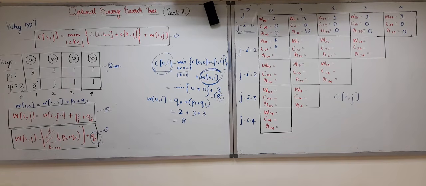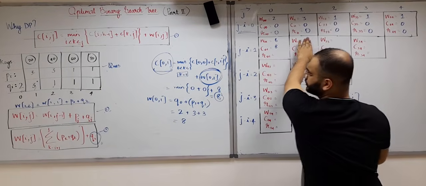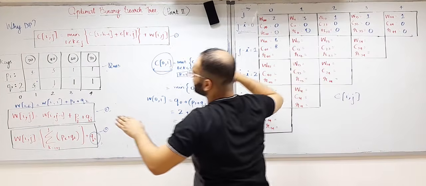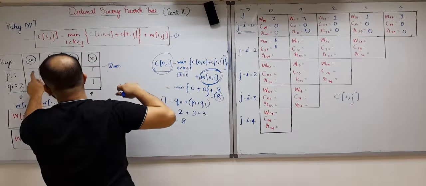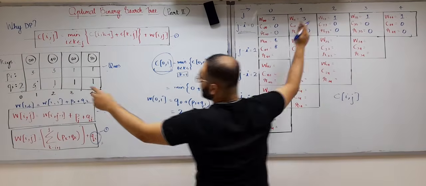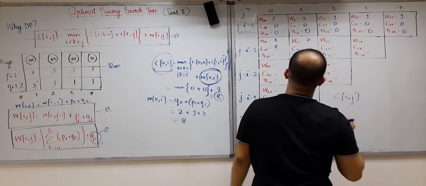Am I right? If you use this formula. So basically W1 comma 2 is equal to W1 comma 1 plus P2 plus Q2. So that is equal to 3 plus 3, 6 plus 1, 7, right?